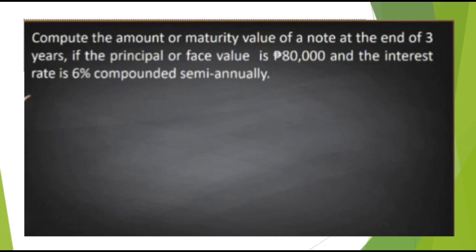So, let's have this example. Compute the amount or maturity value of a note at the end of 3 years, if the principal or face value is 80,000 pesos and the interest rate is 6% compounded semi-annually. A note or a banknote is a negotiable promissory note which one party can use to pay another party a specific amount of money.